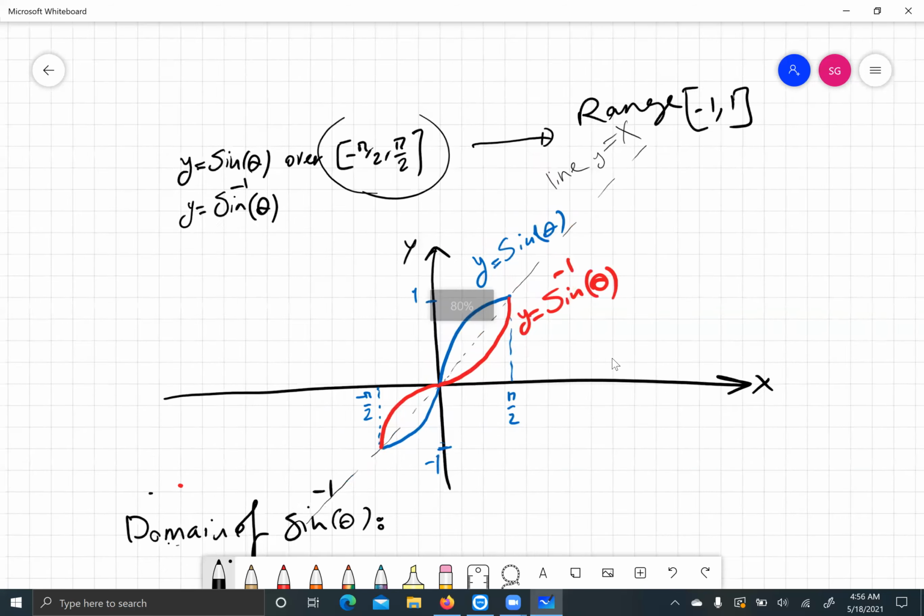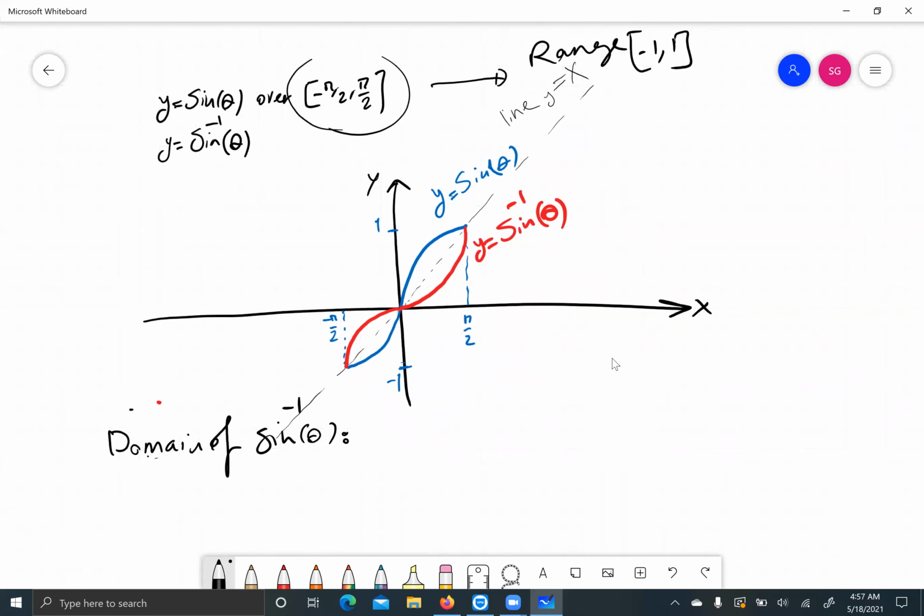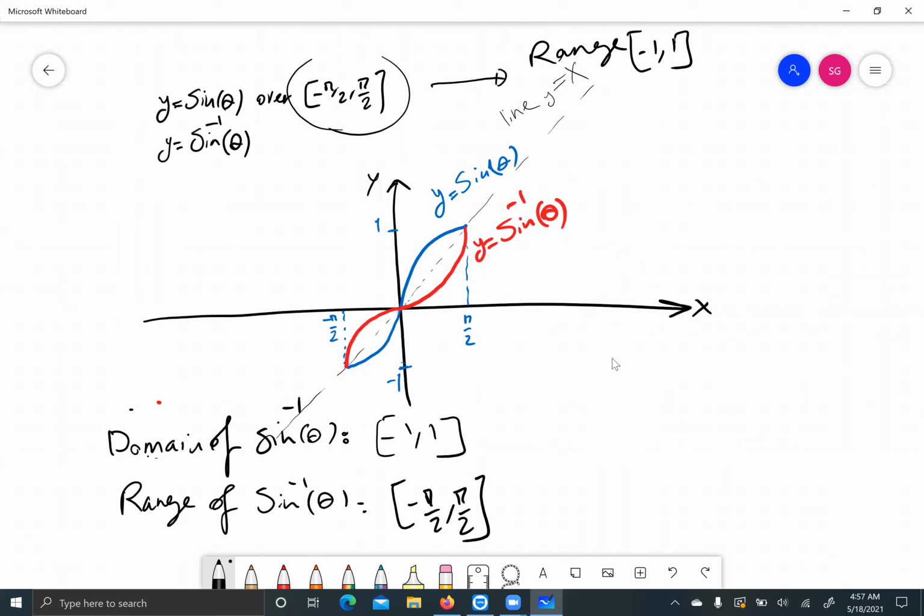Recall that for an inverse, you just switch the roles of range and domain. So the domain of sine inverse is going to be the range of this one, negative 1 to 1, and the range of the inverse function is going to be the domain of the original function.